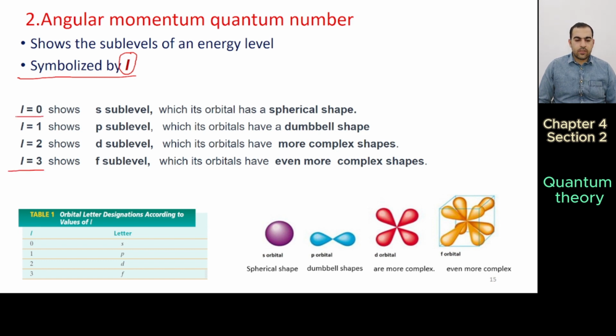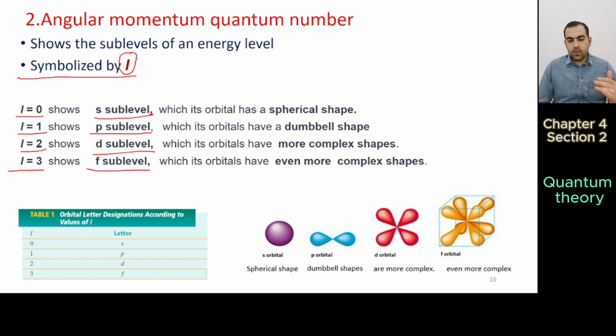When l equals 0, it shows the s sublevel. When l equals 1, p sublevel. When l equals 2, d sublevel. When l equals 3, f sublevel.